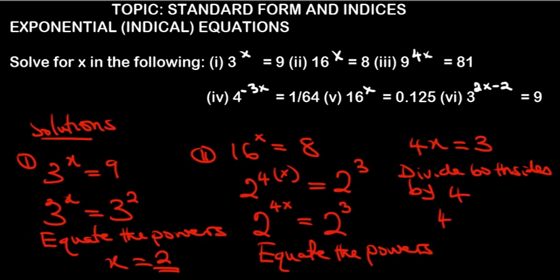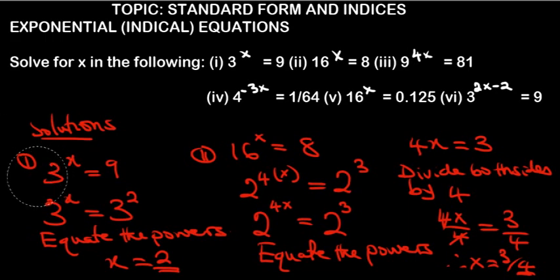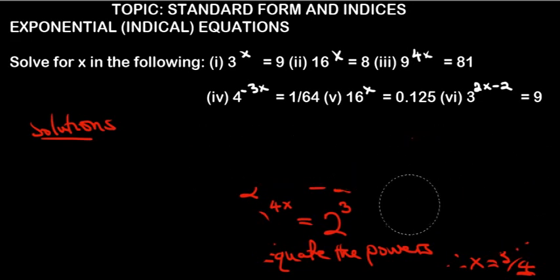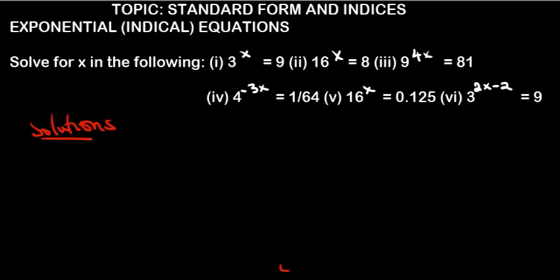That means you have 4x over 4 equals 3 over 4, and this 4 cancels 4. Therefore, x equals 3 over 4. And that's how we solve the second question. I hope you have copied what you have on your screen for adequate knowledge and to go through it again. So let's see what we have for the next question, which is number 3.